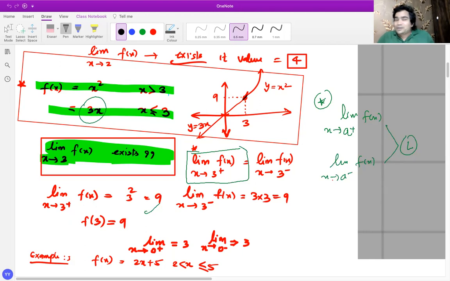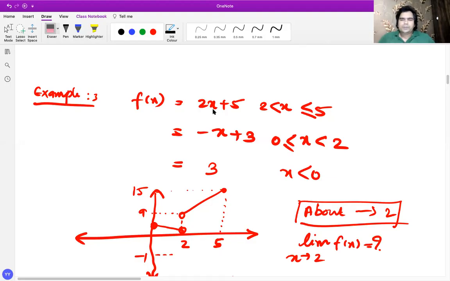It is evident from the graph as well: both of them have approximately the value 9 around the same point. So since the right hand limit and left hand limit are the same, the limit exists. This is a simple, meaningful expression.